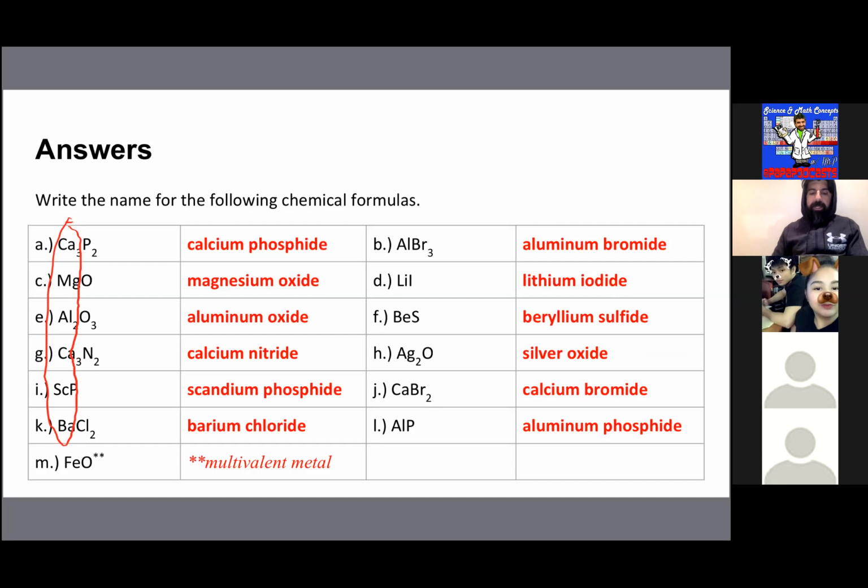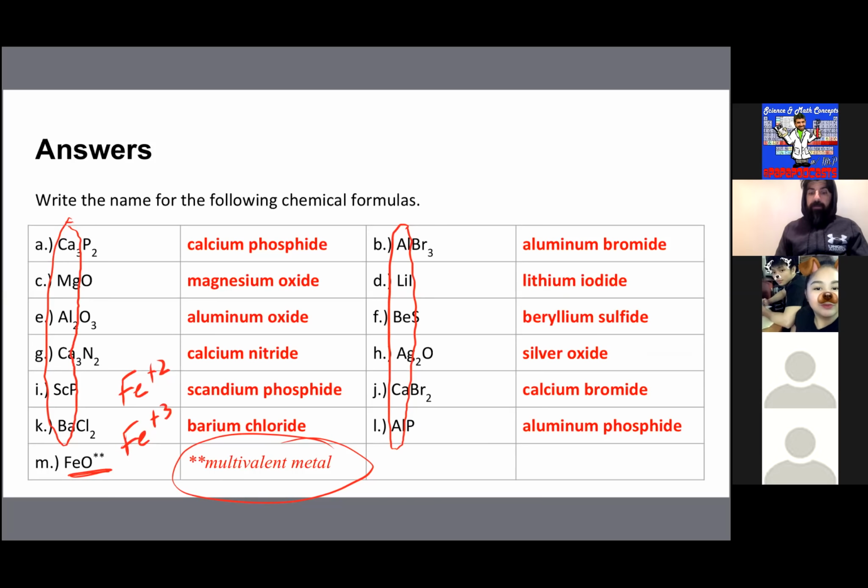However, the only one in these sample problems that does not have an answer associated with it is this one, because if you look up iron on the periodic table, you will see that the oxidation number can be either Fe +2 or Fe +3. So there's a special rule for these multivalent metals. But all the other metals in these sample problems are single valent metals, meaning there's one oxidation number for each of them.